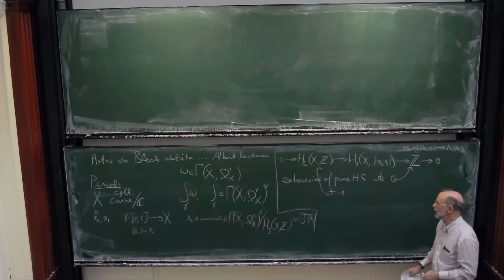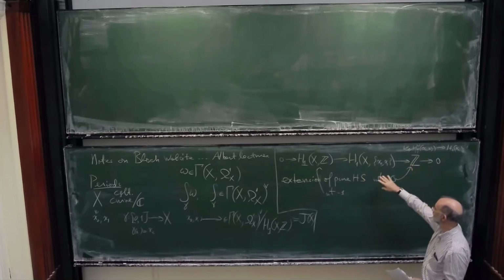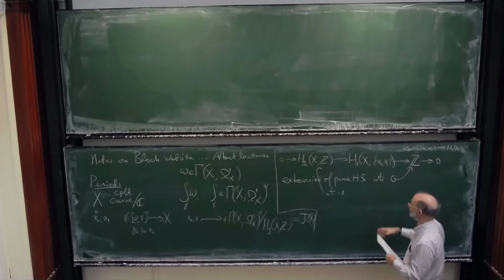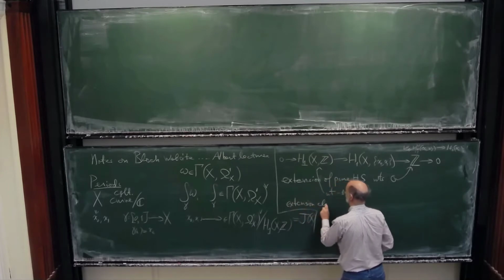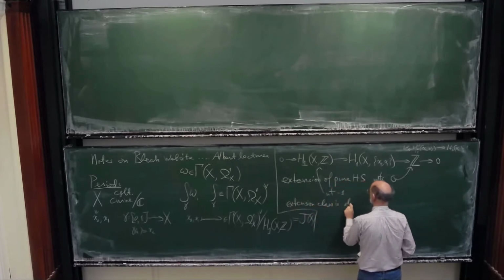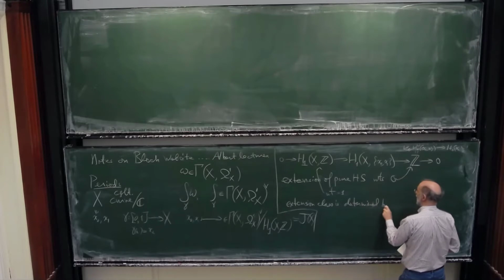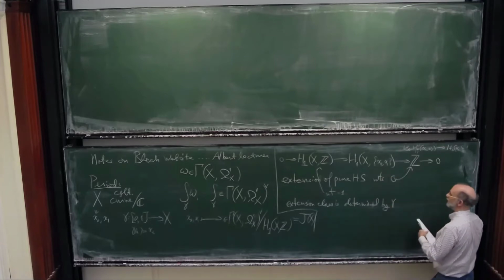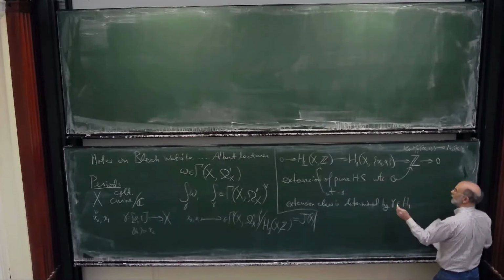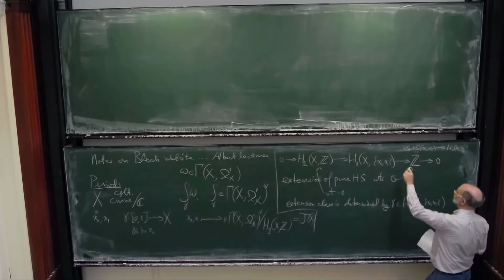I assume that you've encountered Hodge structures, and if you think about mixed Hodge structure, you realize that the extension class is determined by gamma, because gamma is the path from x0 to x1, so it represents a class in H1 of X, x0, x1. So it determines a rational splitting.